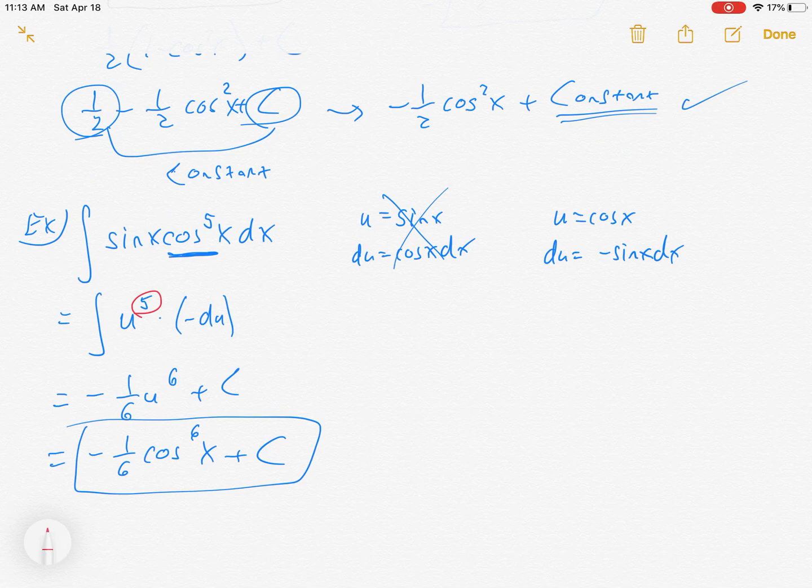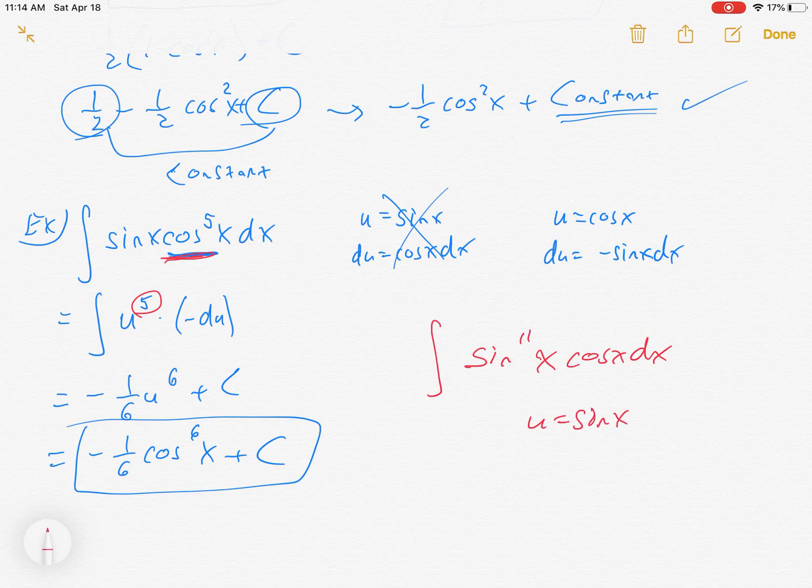The lesson learned is to let your u be the thing that's to the power, but don't put the power on it, because it's easy to integrate u to the 5th. So if you have one to a power and one not to a power, let u be the one that's to the power, but don't put the power there.